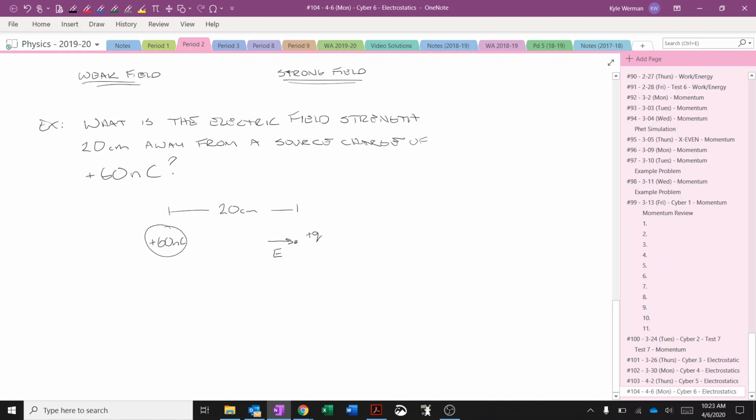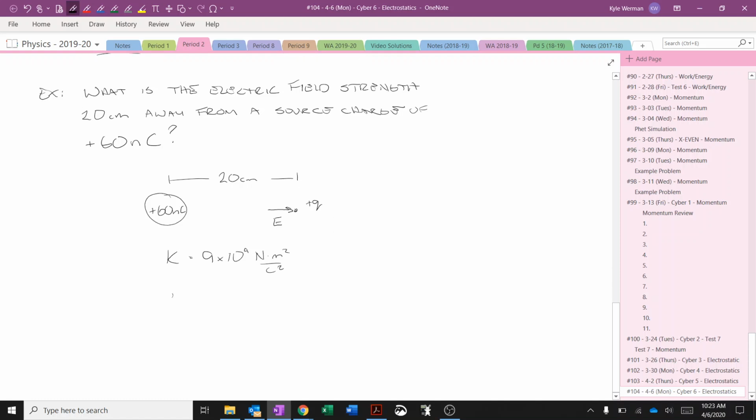Let's identify what we have. We know K is always 9 times 10 to the 9 newton meters squared per coulomb squared. We have a source charge, Qs, equal to 60 nanocoulombs, or 60 times 10 to the negative 9 coulombs.